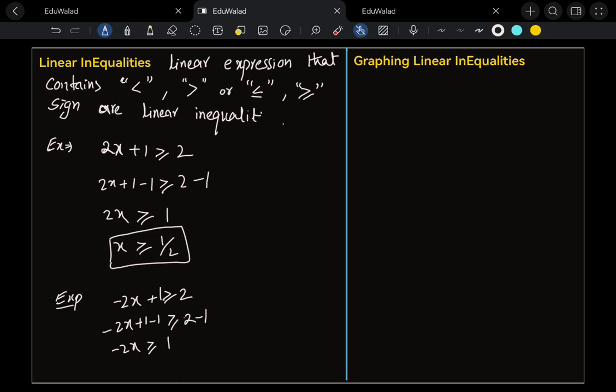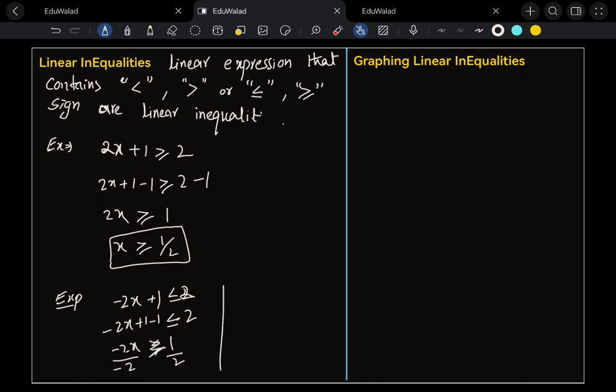When you divide by negative 2 on both sides, this sign will change.